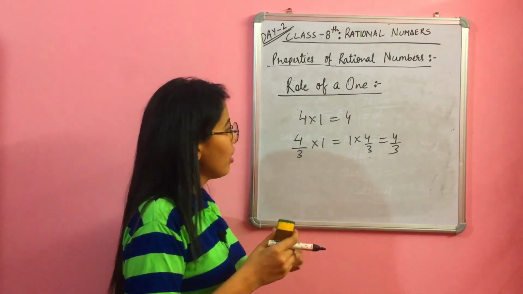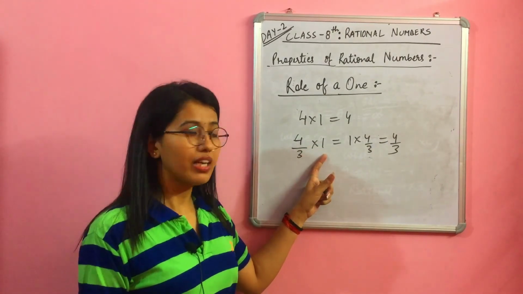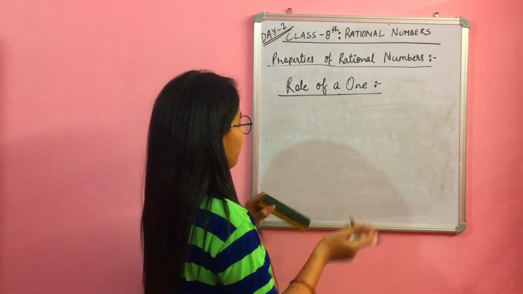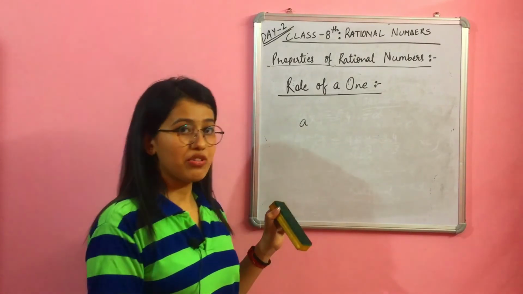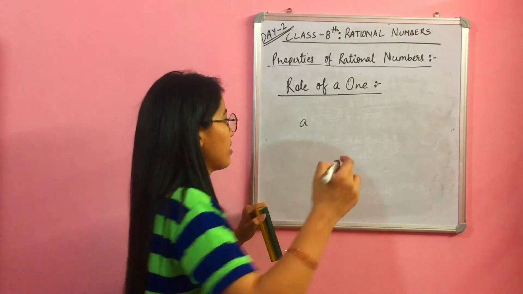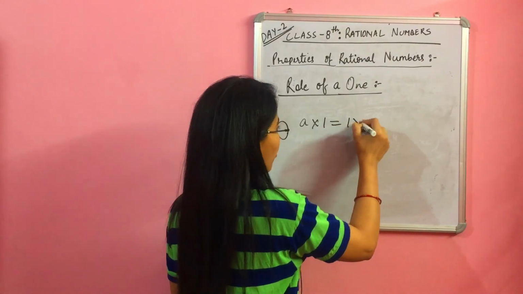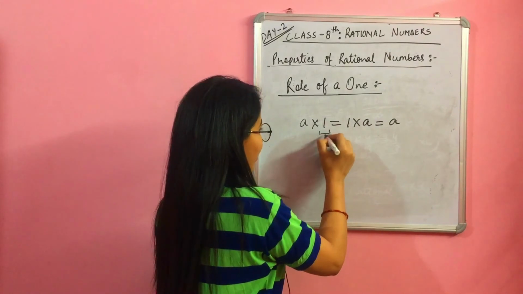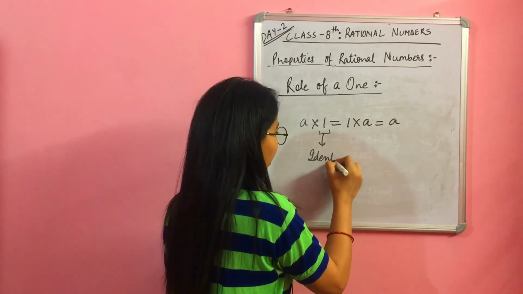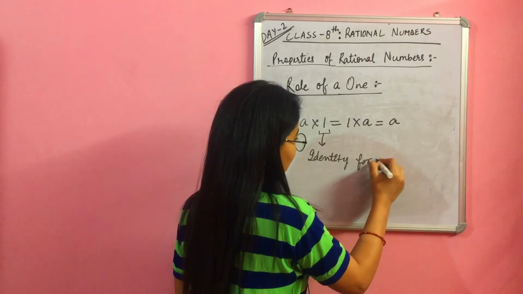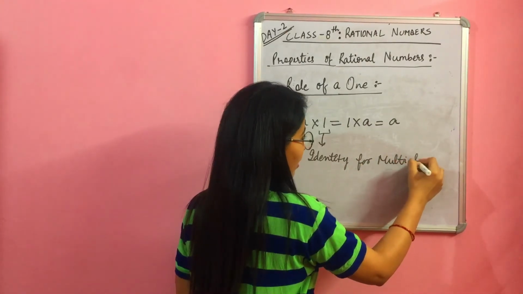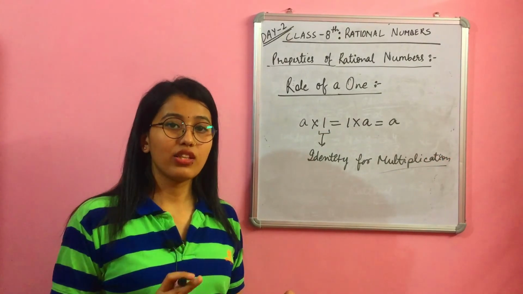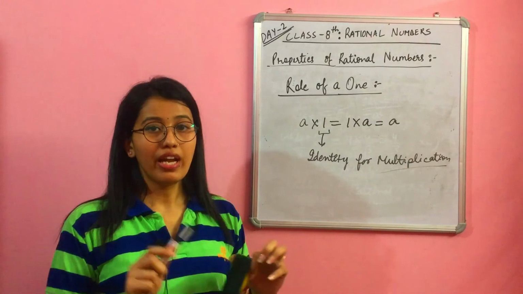So if we multiply any number by 1, we get that number. So I can write a, where a can be a natural number, rational number, whole number or integer, multiplied with 1 or 1 multiplied with a is equal to a always. So this 1 is known as the identity for multiplication. Remember this: 1 is the identity element in the case of multiplication and 0 is the identity element in the case of addition.